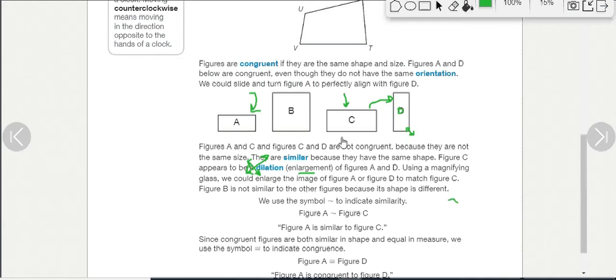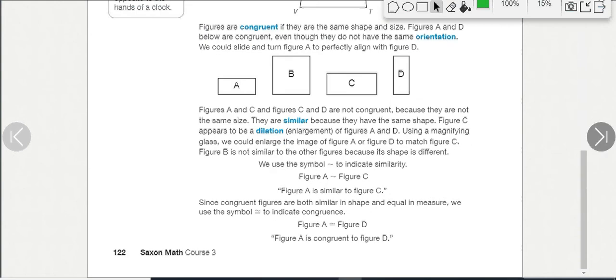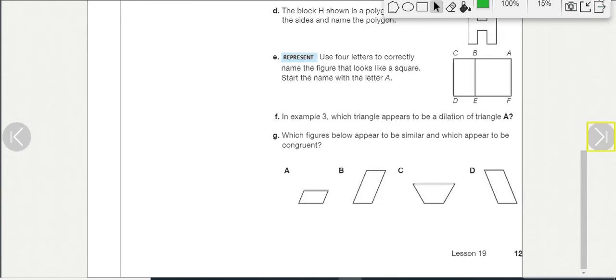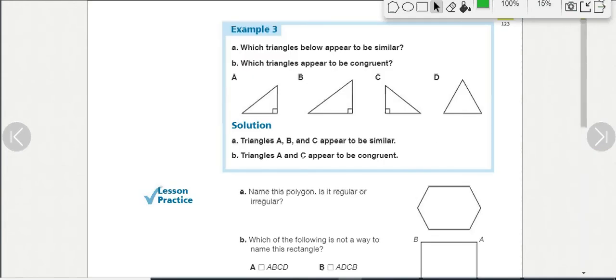Similarity is sort of like the about equal sign, except only one squiggly line. You with me? So we learned congruent versus similar. Orientation, changing the way it looks, the way it's sitting there. And then dilation means to enlarge it.